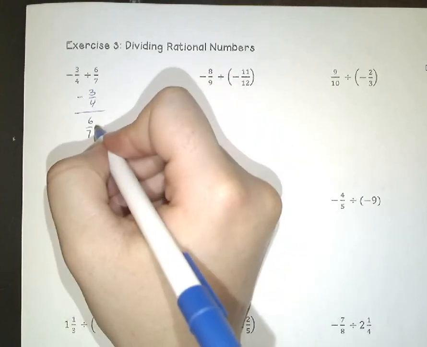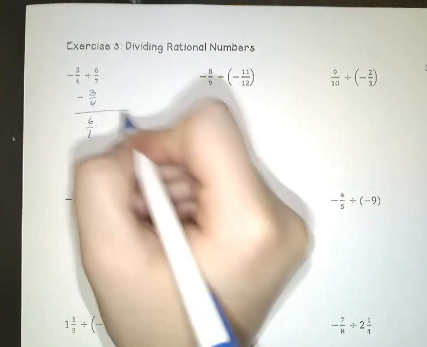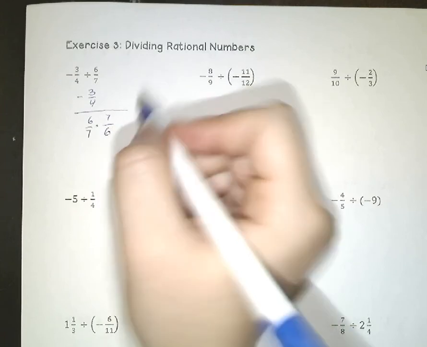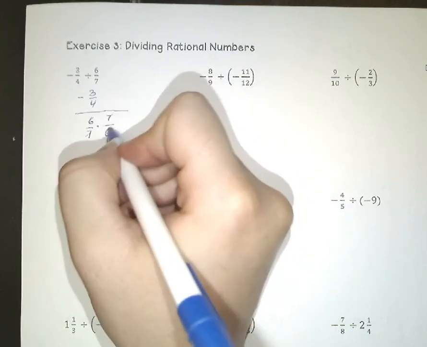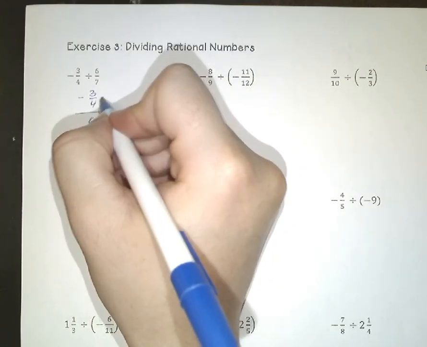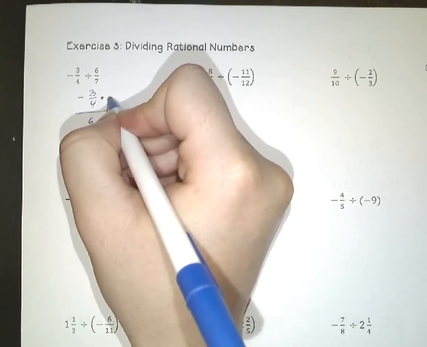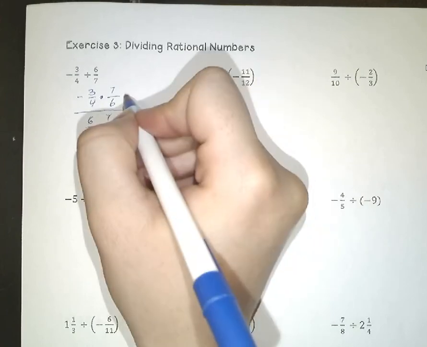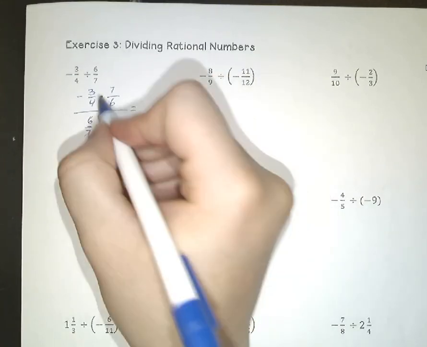So I'm multiplying 6/7 by its reciprocal to make it 1. So I'm multiplying 6/7 by 7/6 and simplifying everything, right? And the same thing I'm going to do to the numerator. 3/4 times 7/6 as well. Okay, and now I'm only working with this.